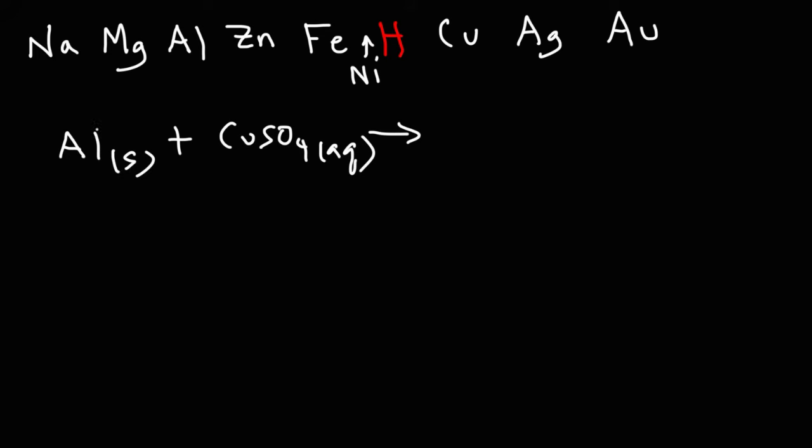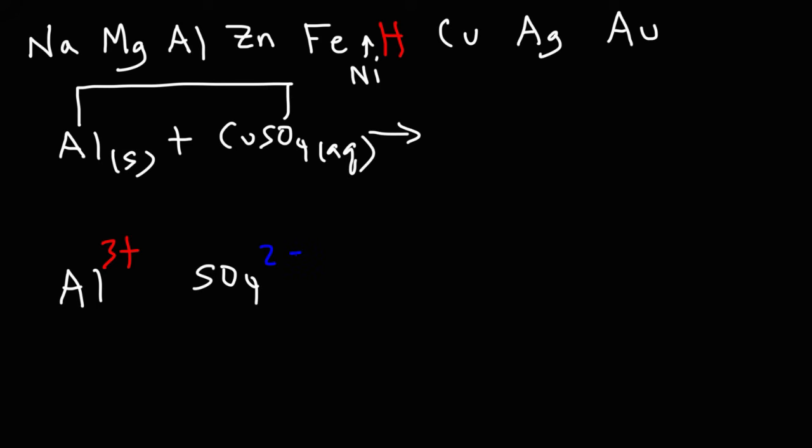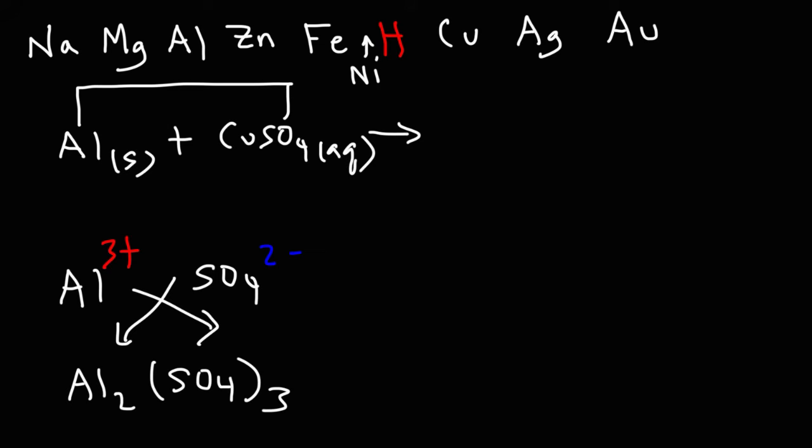So now let's predict the products. Aluminum is going to pair up with sulfate. As an ion, aluminum usually forms a 3 plus charge, and sulfate is a polyatomic ion with a 2 minus charge. So when pairing these together, the chemical formula is going to be Al2(SO4)3. In order for the charges to be the same, we need 2 aluminum ions, which will give us a total charge of +6, and we need 3 sulfate ions to get a total charge of 6 minus.